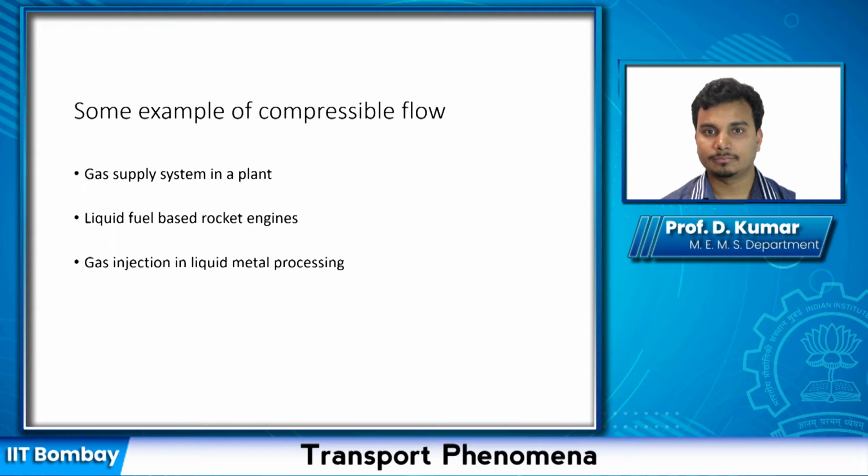Okay, so with that, let us see some more examples of compressible flow. So if you have a reservoir somewhere, and from the reservoir you have a gas that you want to supply to some other place.